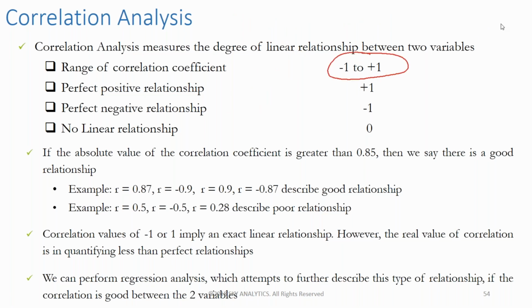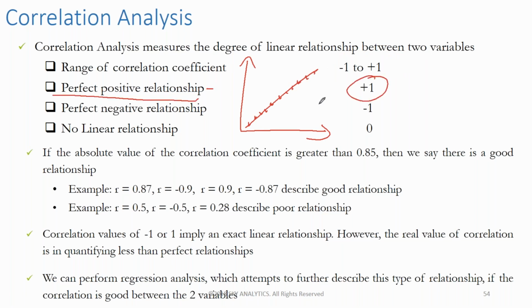If all the data points are exactly on the straight line, then it is called perfect positive relationship. But getting this perfect positive relationship in real time is highly impossible. If you're working on 100 projects, you might get it in one or two cases.